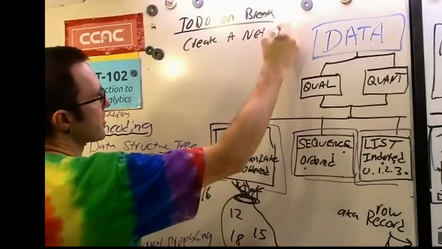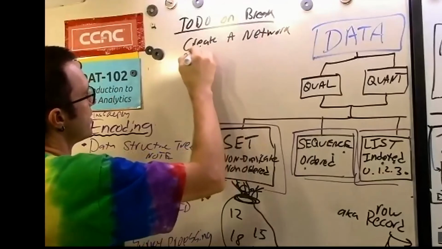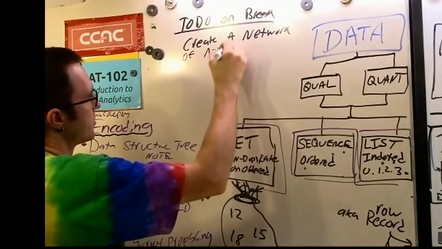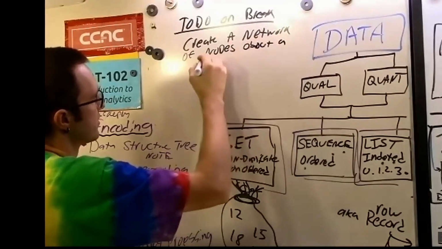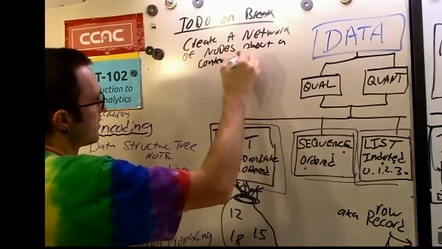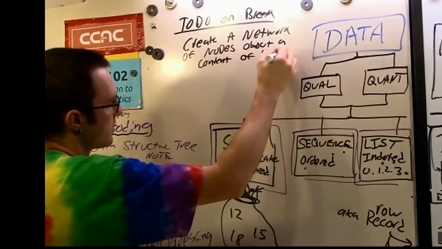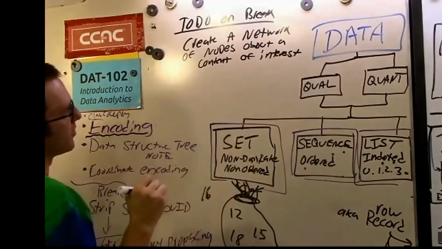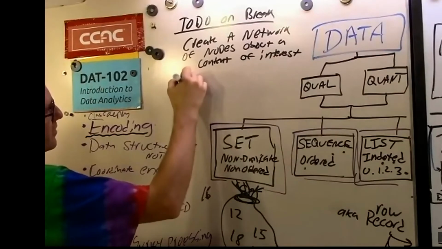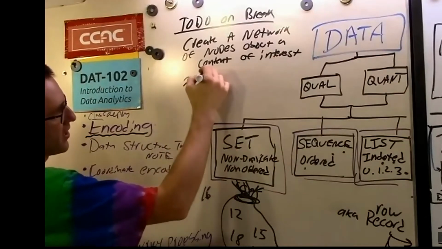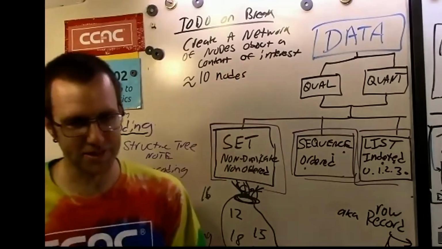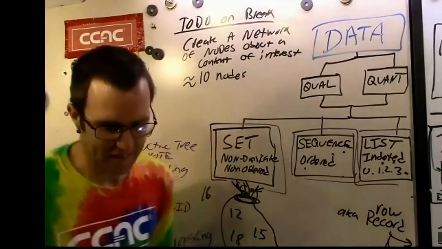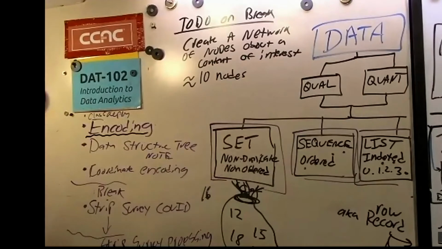So create a network of nodes about a content of your interest. I'm going to suggest maybe approximately 10 nodes. I would never dream of limiting the number of nodes in your network. So if you want to overwhelm your peers, you can make a more complicated network.